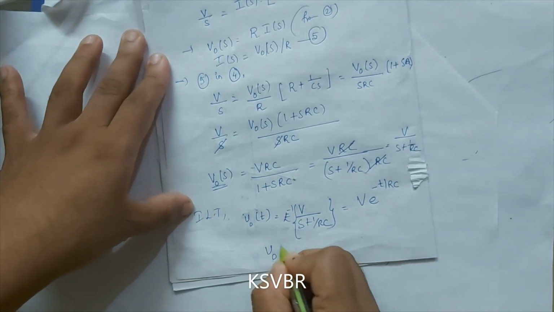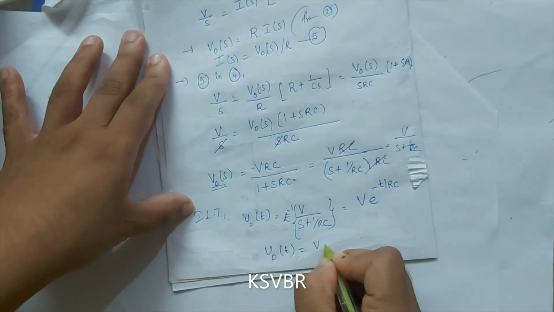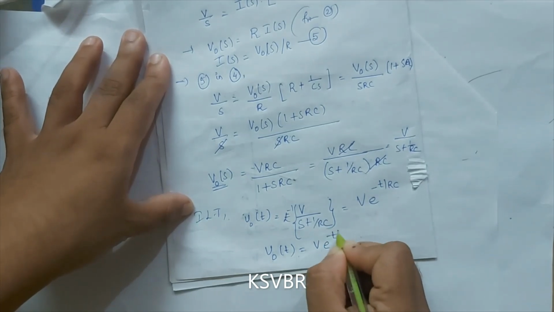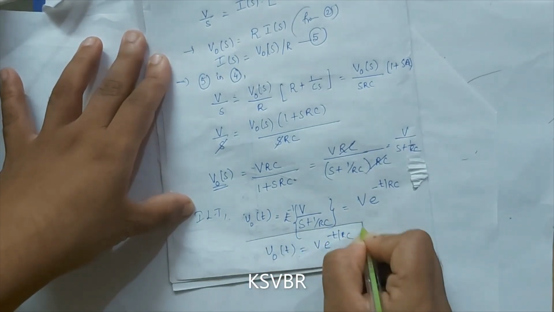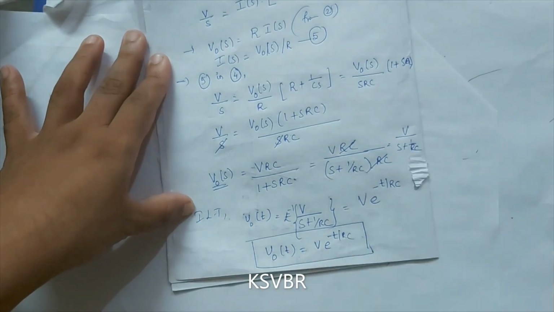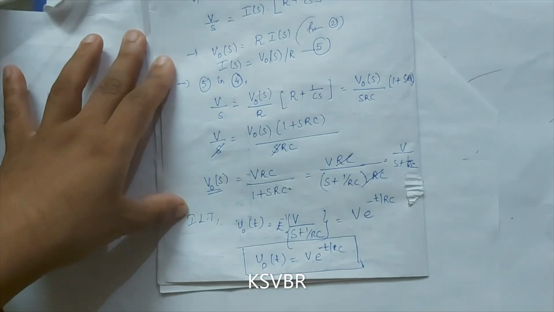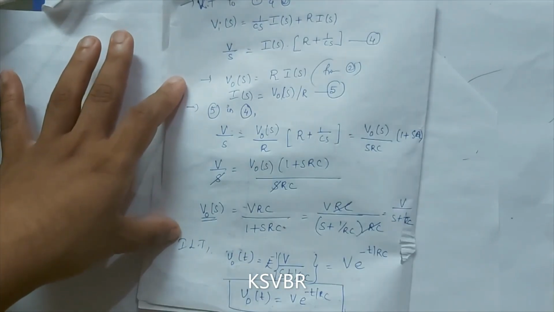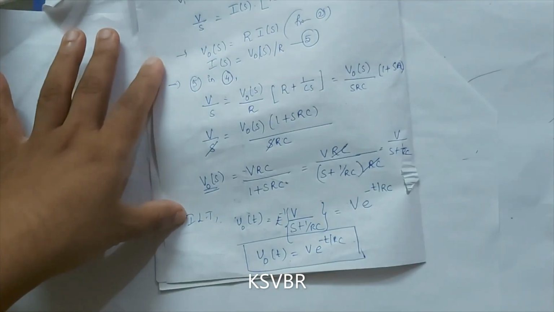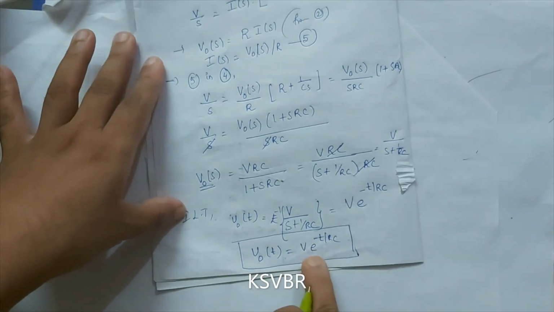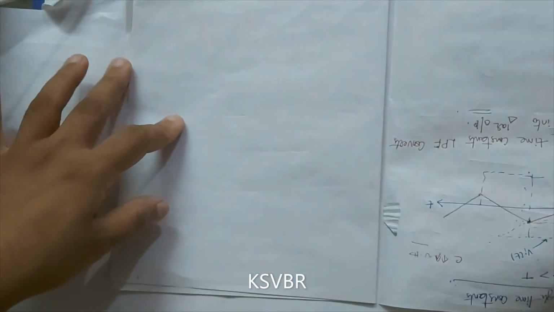So V naught of t is equal to V e power minus t by RC. This is the output of RC high pass filter for step input. If you observe here, this is an exponentially decaying signal.